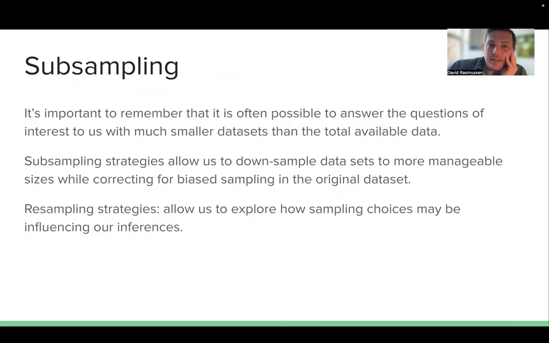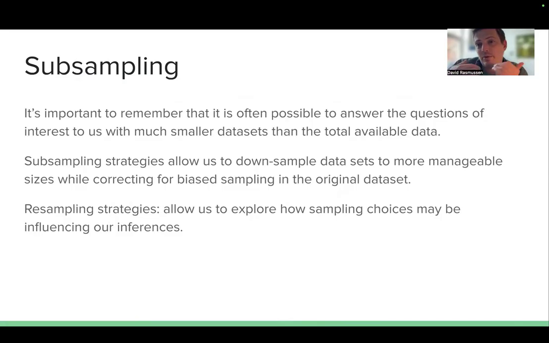There are basically two things that we can consider. We can consider how we might subsample from a data set to downsample it to a more manageable size. But we could also consider how we could subsample from a data set to eliminate sampling biases.